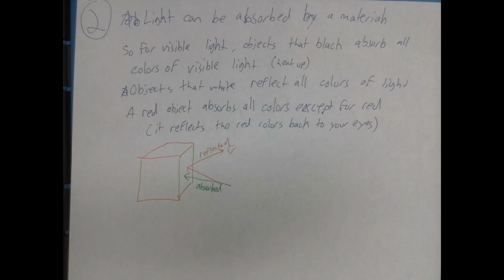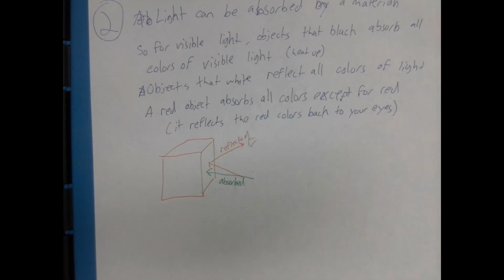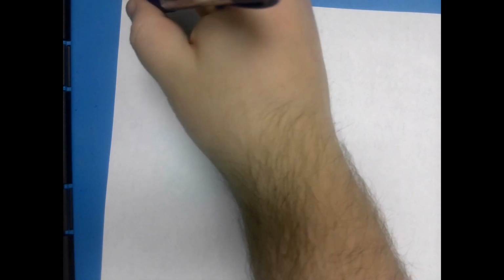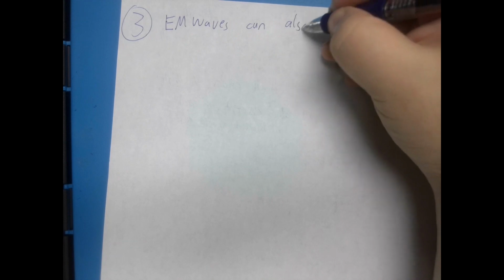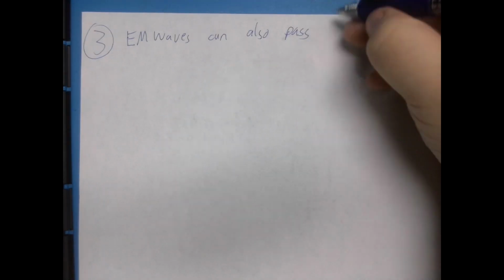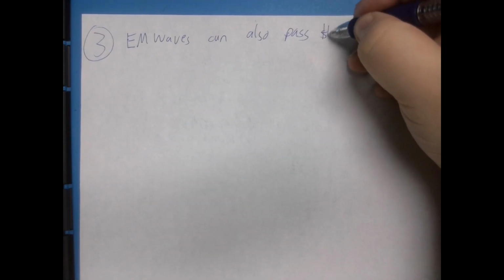So light can be absorbed by a material. And another property is, what can EM waves, or electromagnetic waves, also do? They can also pass through some materials.